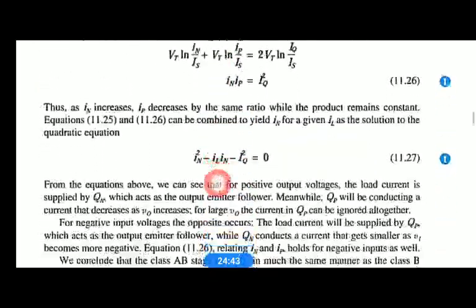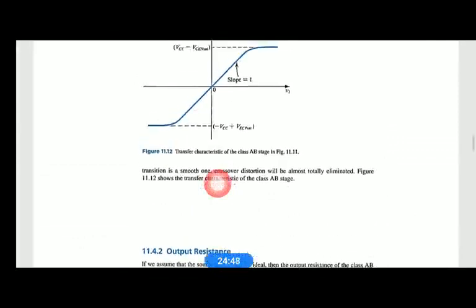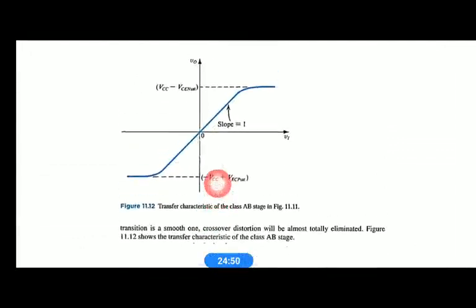Okay, so this is about the negative direction. The transfer characteristics are clearly shown here, right? When the positive voltage we are applying, the output voltage is getting increased and it gets saturated when the transistor Qn gets saturated. Hence the output voltage is VCC minus VCE(n) sat, where the positive voltage gets saturated.